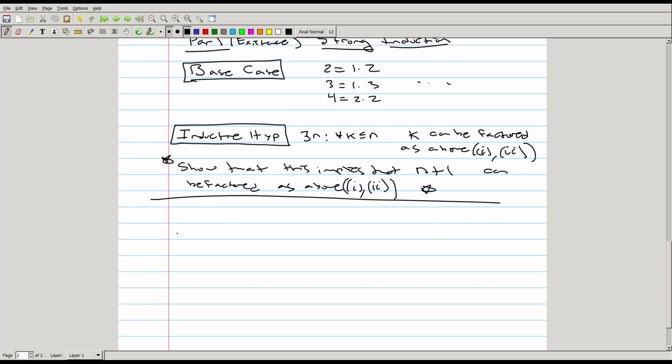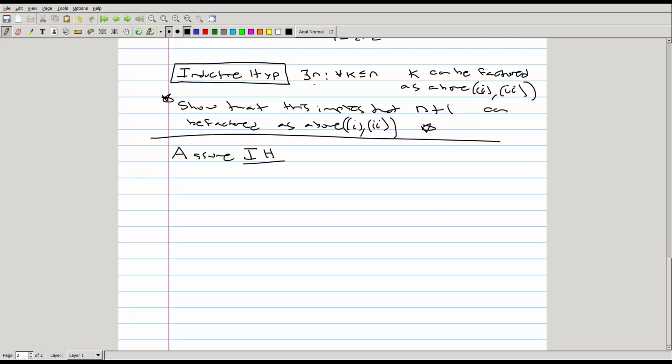So to do this, we're assuming the inductive hypothesis. We basically have two cases that we've got to look at. The first case here is that n plus 1 is prime.